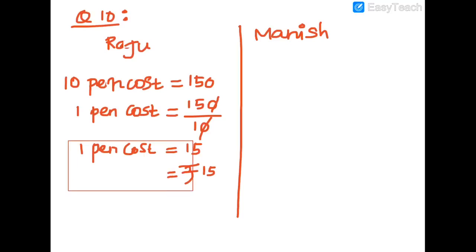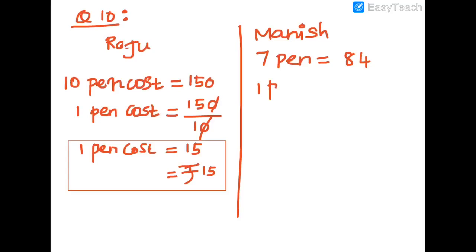Okay, this is for Raju. And the next is for Manish. For Manish, what is given? 7 pens cost 84 rupees.